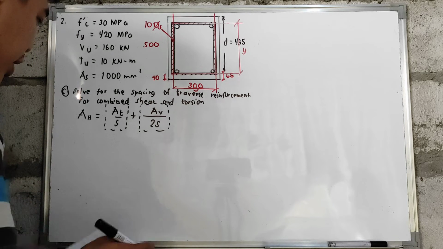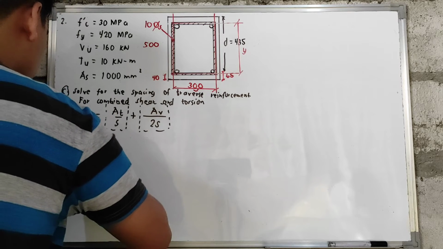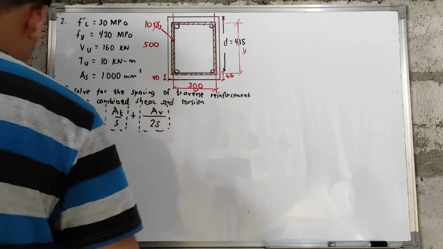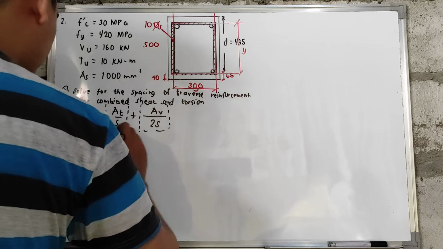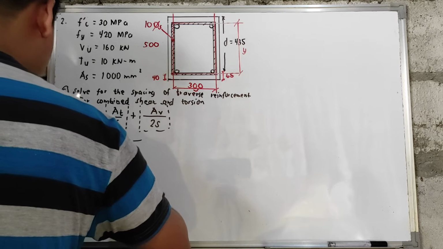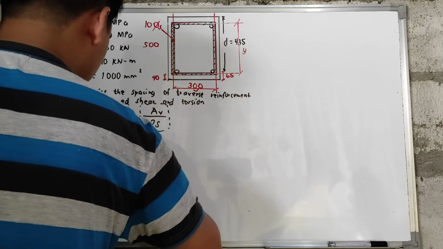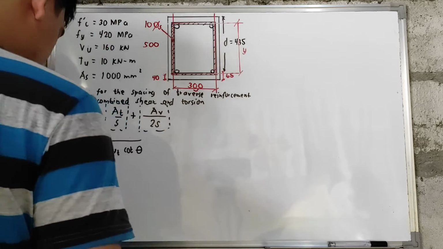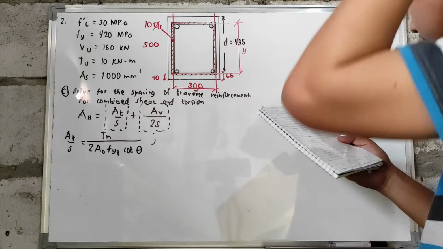So, for this one, let's compute first for the value of your AT over S. So, AT over S, sir, what will be the formula for that? So, we have Tn, or yung nominal torsion natin, over 2 AO Fyt cotangent theta. So for this one, what will be the value of your AO?